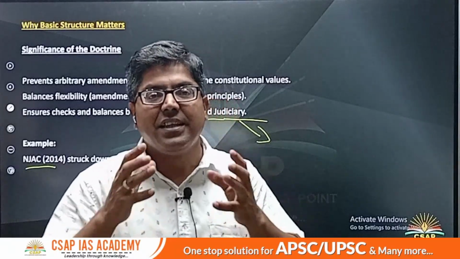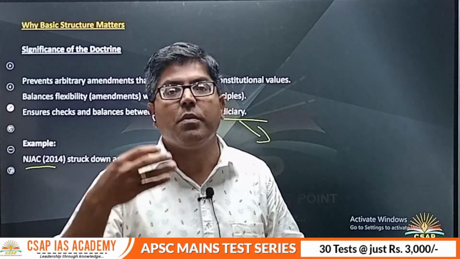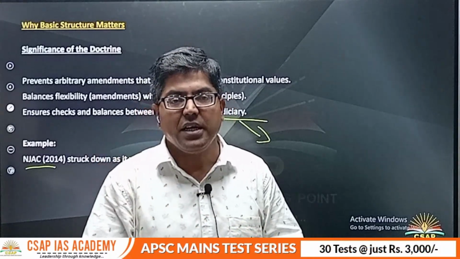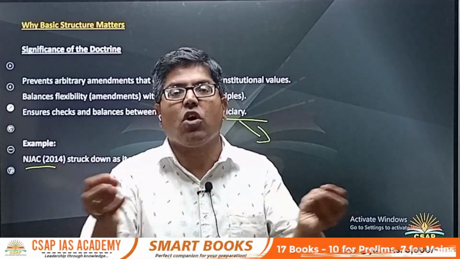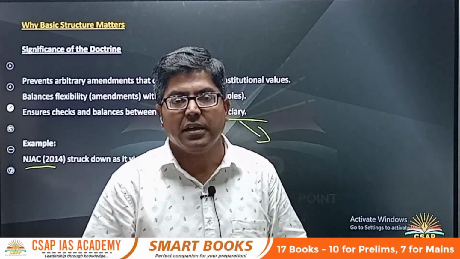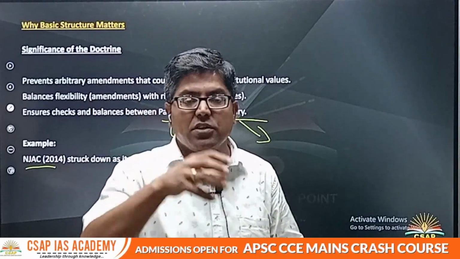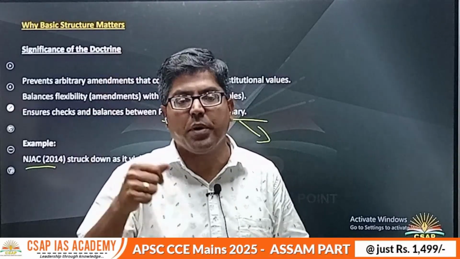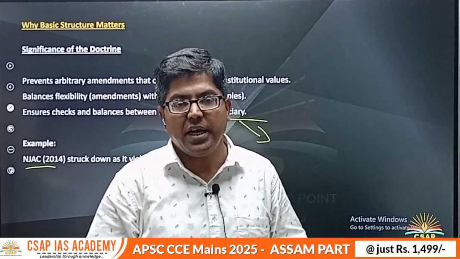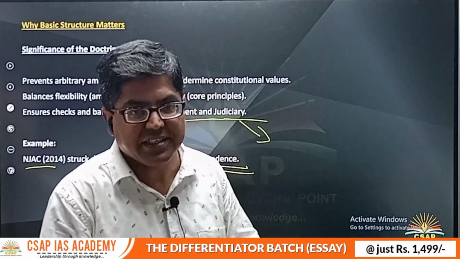Even federalism would be at risk, right? Because whenever there is a conflict between the center and the state, who will resolve it? It is the Supreme Court, which has original jurisdiction. But if the government controls the Supreme Court, that will further problematize things, right?